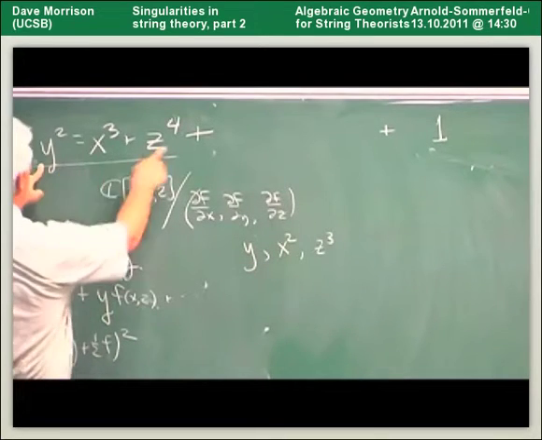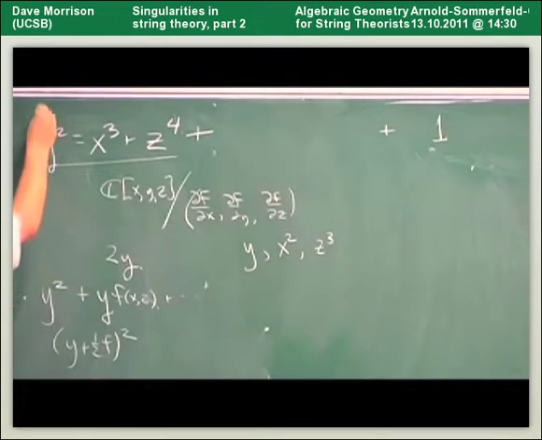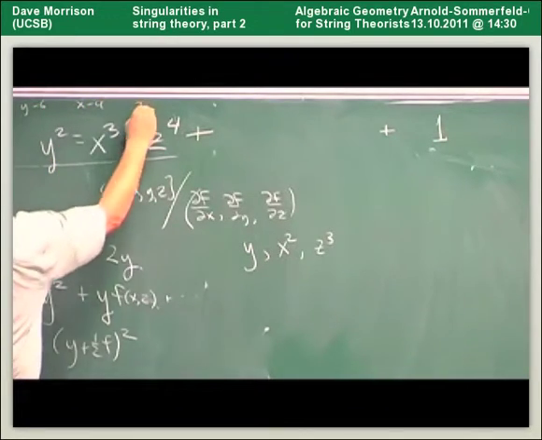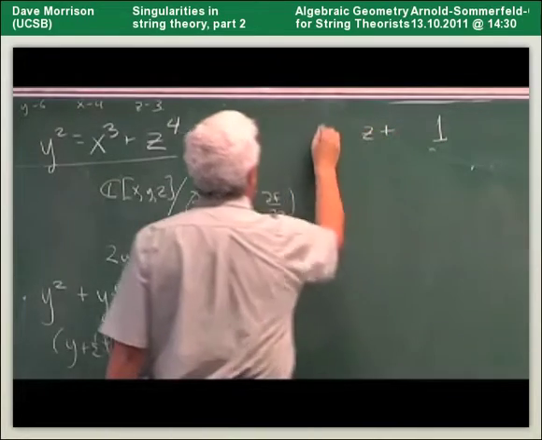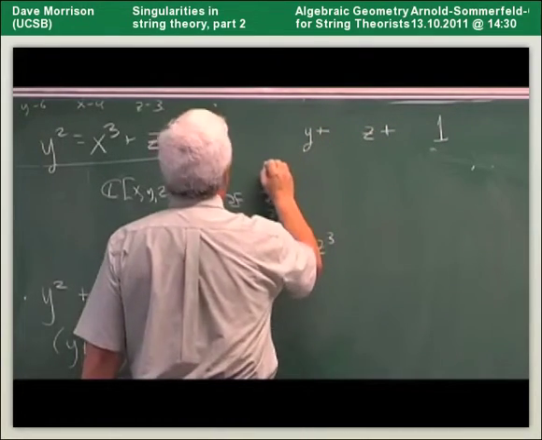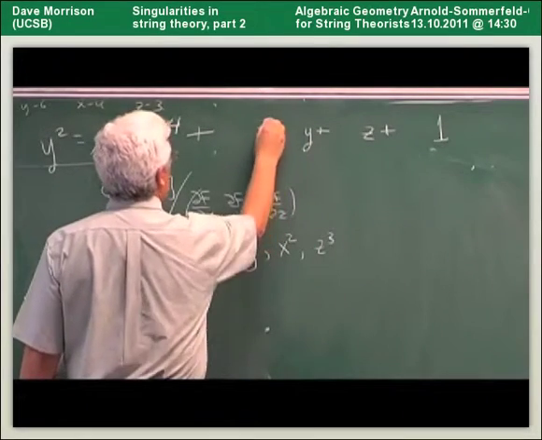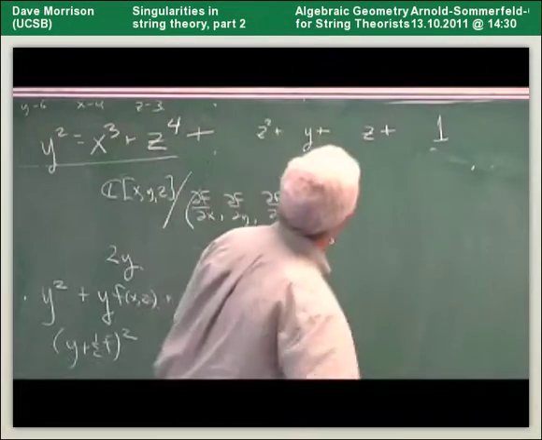And so the least common multiple of these exponents is 12. I could take y to have weight 6, x to have weight 4, and z to have weight 3. So I'm going to put my z first, and then I'm going to put a y, then I'm going to put a z squared. I didn't leave enough room.